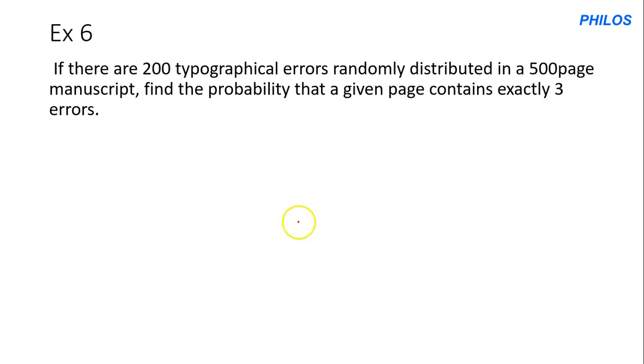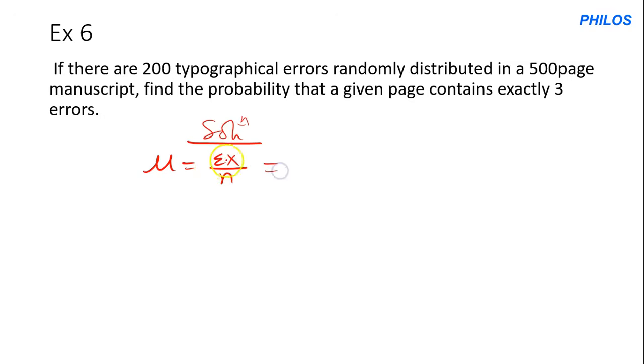Question 6 says, if there are 200 typographical errors randomly distributed in a 500-page manuscript, find the probability that a given page contains exactly 3 errors. To solve this question, first we need to find the mean. The mean is equal to summation x divided by n.